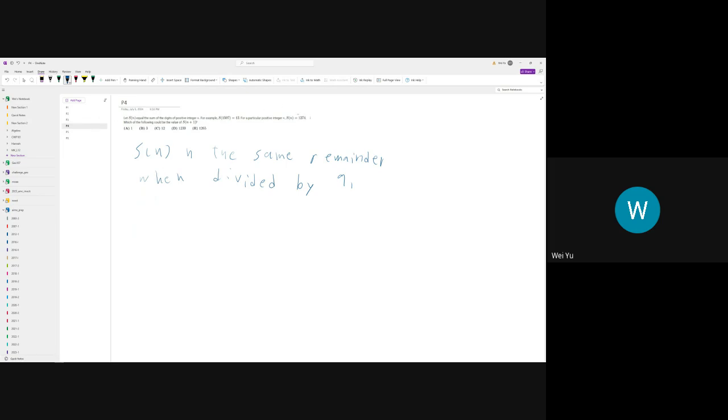So we know that n's remainder when divided by 9 is just the remainder of 1274 divided by 9, which is just 5. So n has remainder 5 when divided by 9.